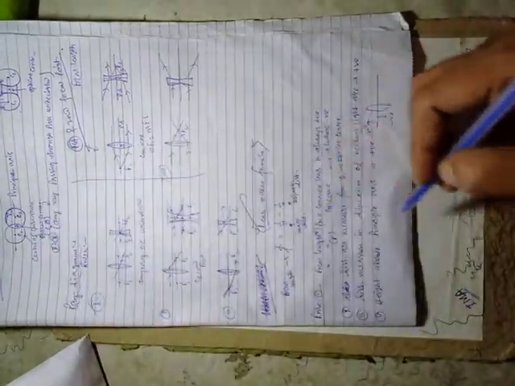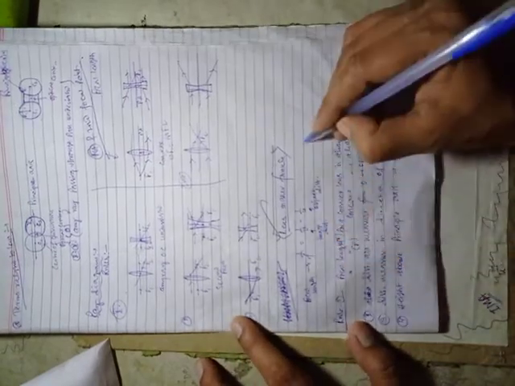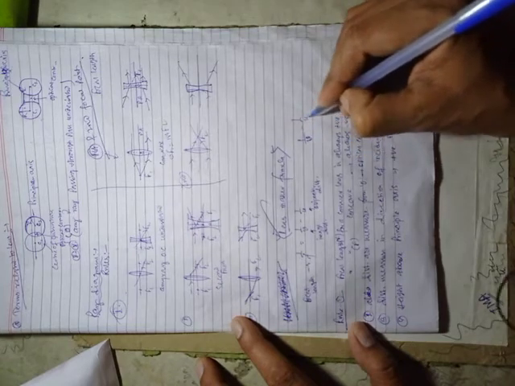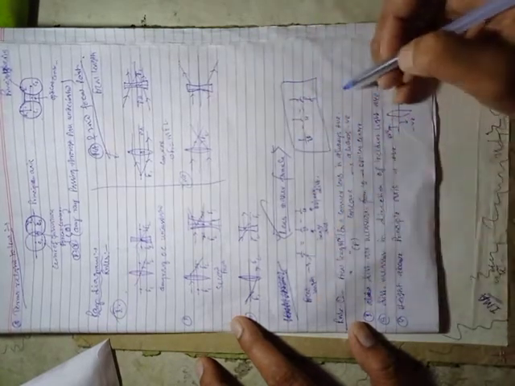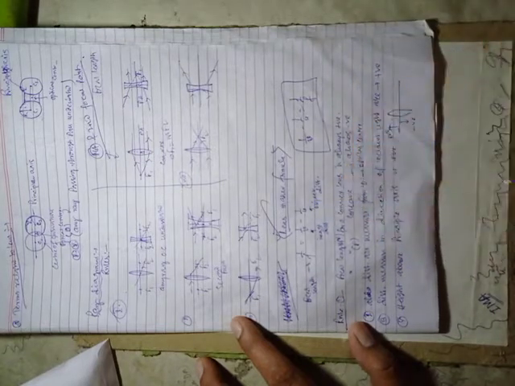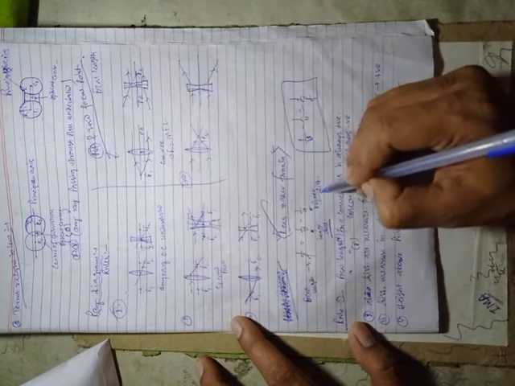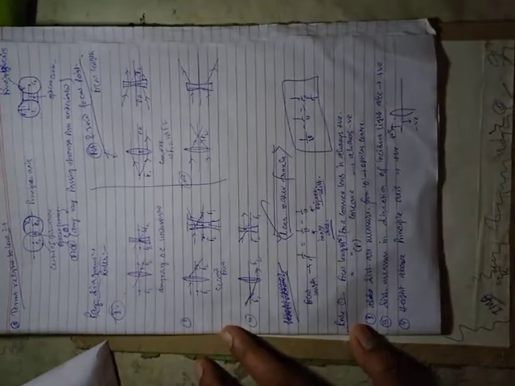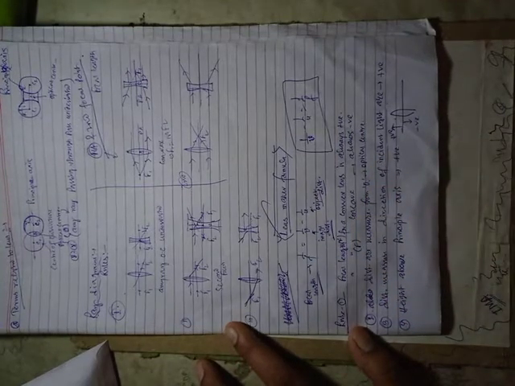Remember it this way: 1/v minus 1/u is equal to 1/f. It is also the same as 1/f equal to 1/v minus 1/u. Here v is the image distance, u is the object distance, as I already explained, and f is the focal length.